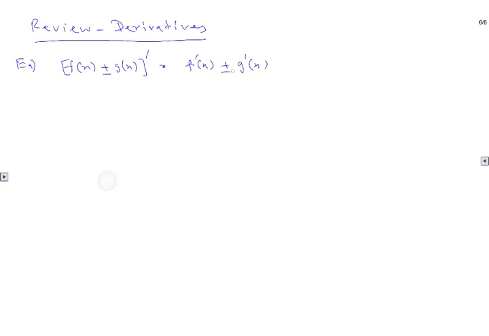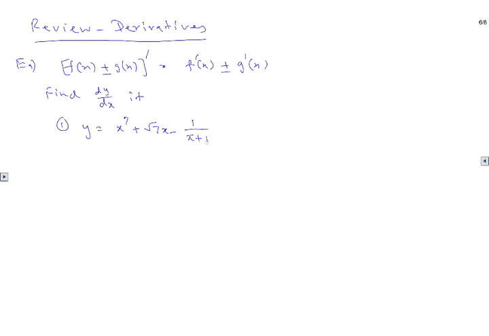Find dy/dx if the first one is y equals, let's say, x to the 7 plus square root of 7x minus 1 over pi plus 1, something like that.